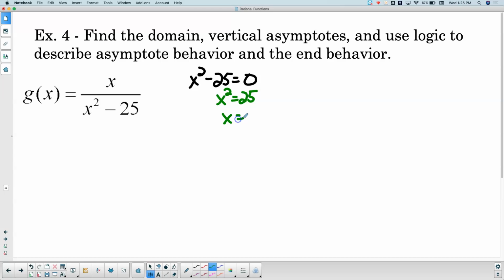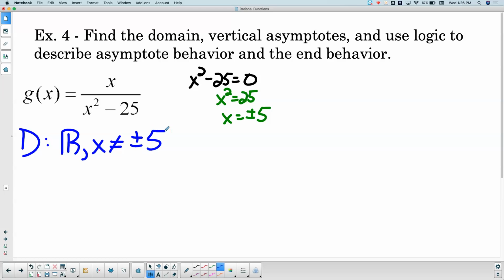So x is what? Plus or minus 5. Domain. Vertical asymptotes.